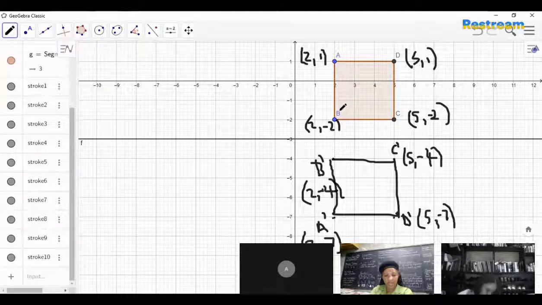The space between A and the line is 4, right? Yes, miss, 1, 2, 3, 4. So if we double the 4, that's 8. And take the 8 from the 1, we get negative 7.